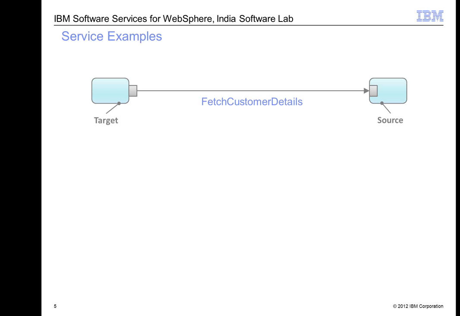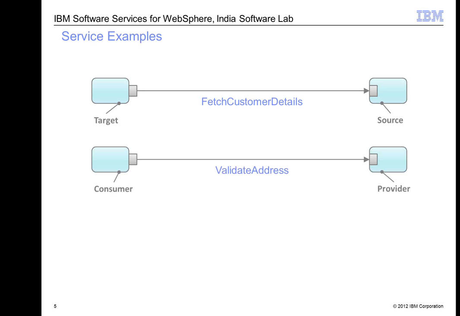The name of the service is fetch customer details, and as the name suggests, this service will help us fetch the details about the customer from a system. On the left-hand side, we have the target system, the consumer of the information. In this case, the target system requires the customer details, and that is why it is invoking the service exposed by the source system.